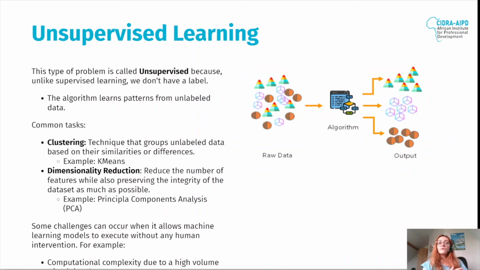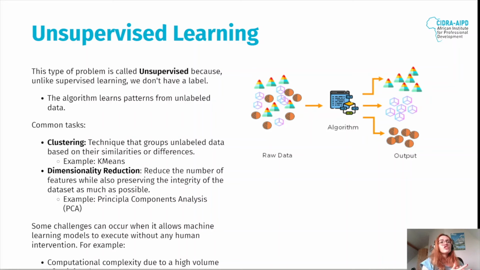Another task that we can do is dimensionality reduction. So we reduce the number of features while also preserving the integrity of the data set as much as possible. One of the common algorithms is principal component analysis, or PCA.